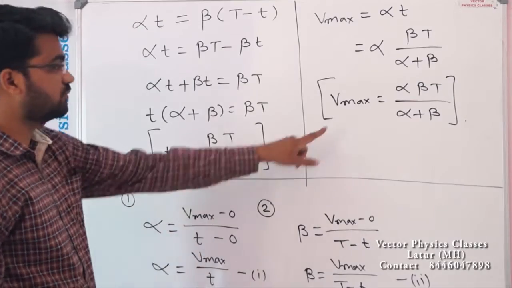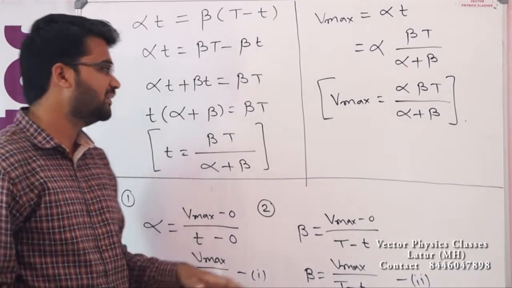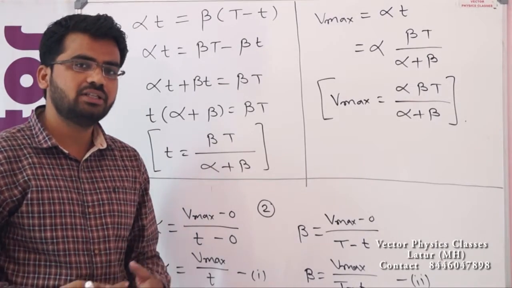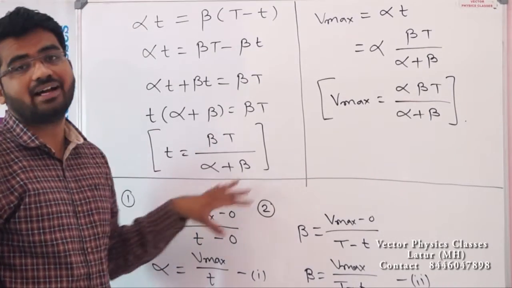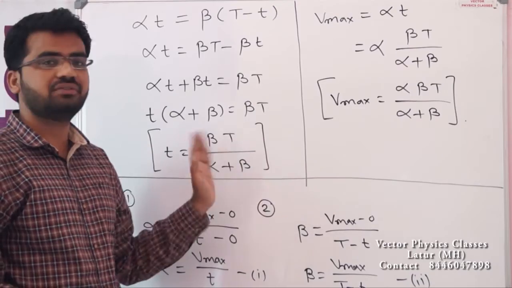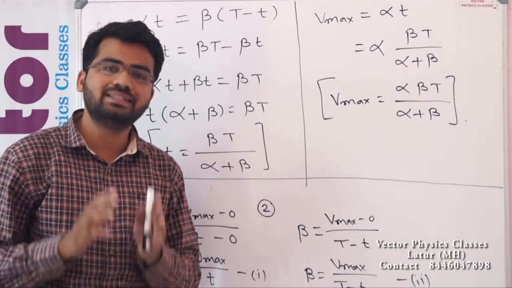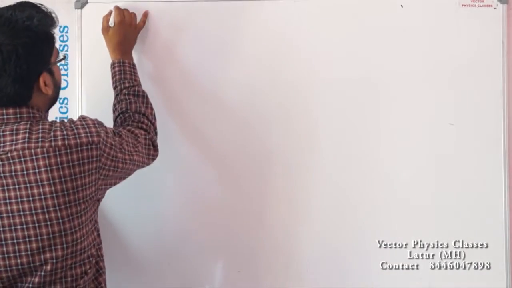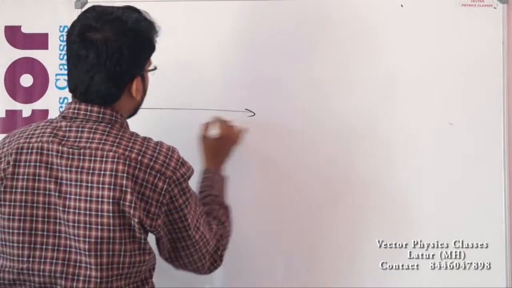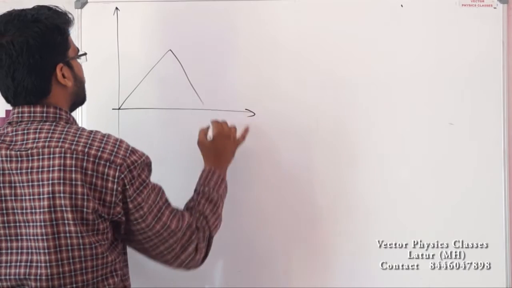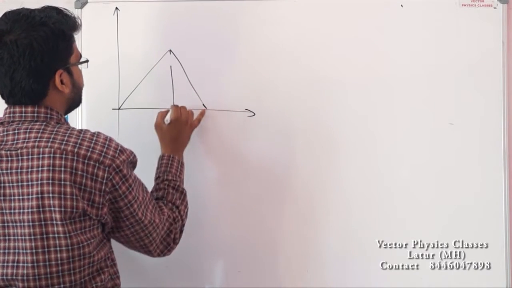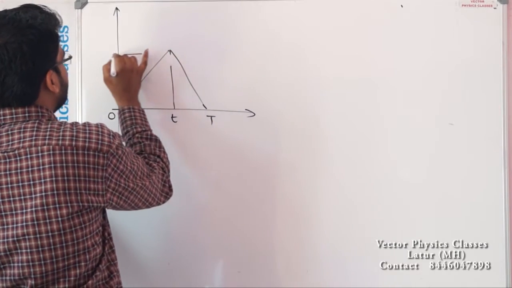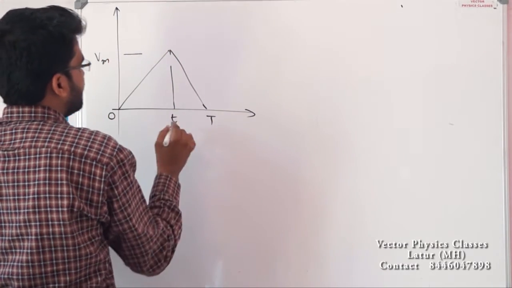So this is the expression for maximum velocity, and the distance traveled by the car is calculated by the area, right? Area under the VT graph gives you what? The distance, right? Here the graph is like this. This is alpha, this is beta, small t, capital T, this is Vmax.